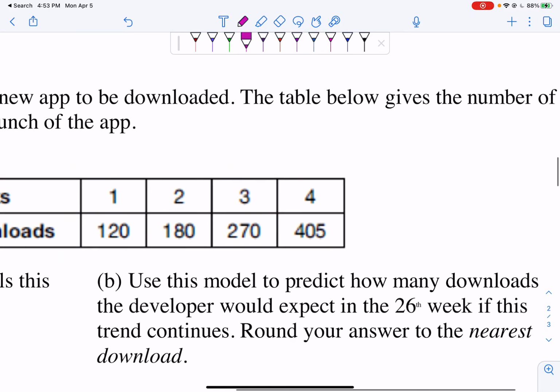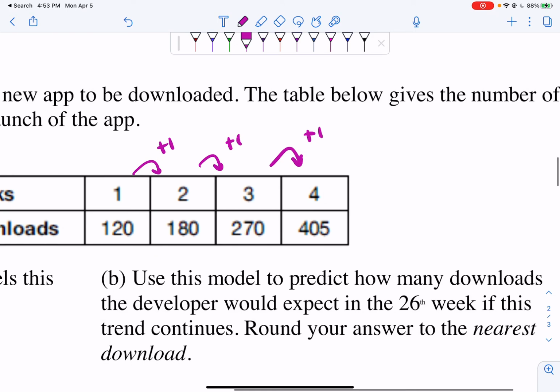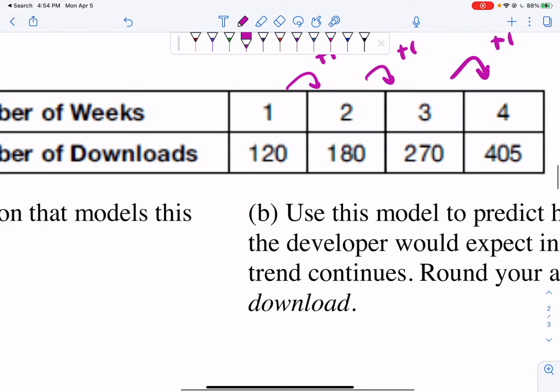If you look, when we go from 1 to 2, we go up by 1, 2 to 3, up by 1, and 3 to 4, up by 1. Now we have to ask ourselves, how do I go from 120 to 180 by multiplication? Well, if you're not sure, just take 180 and do 180 divided by 120. Tell me what you get.